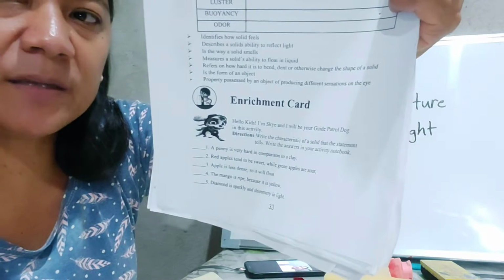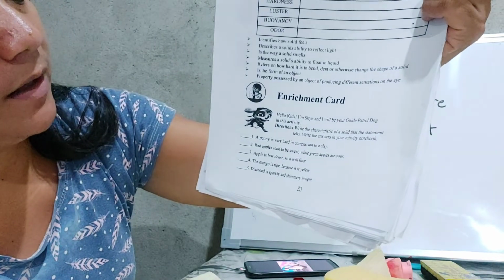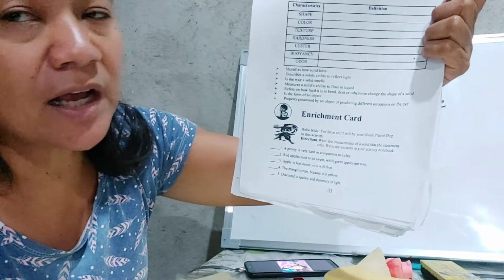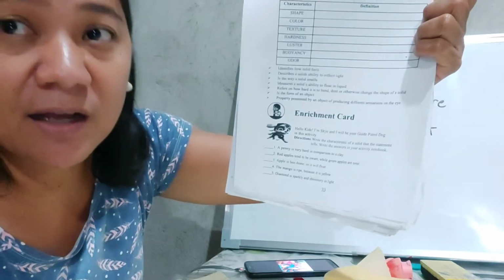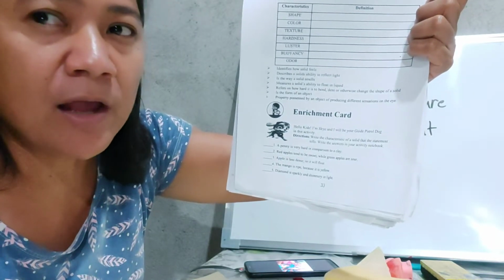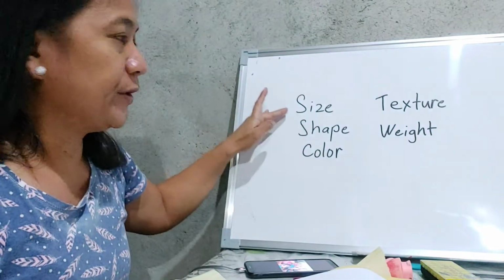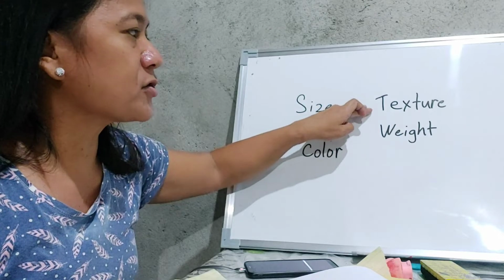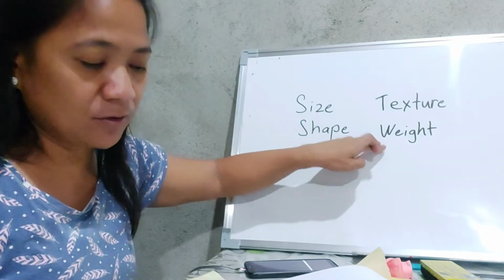Para po sa lahat na mag-a-answer sa enrichment card, nakalagay po na direction dyan is write the characteristic of a solid that the statement tells. Naalala pa po ninyo kung ano yung characteristic ng solid. Ito po sila. According to size, shape, color, texture, and weight. Dyan po tayo kukuha ng sagot.